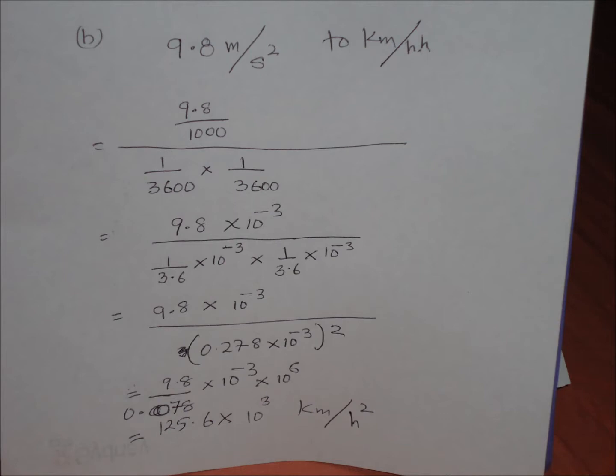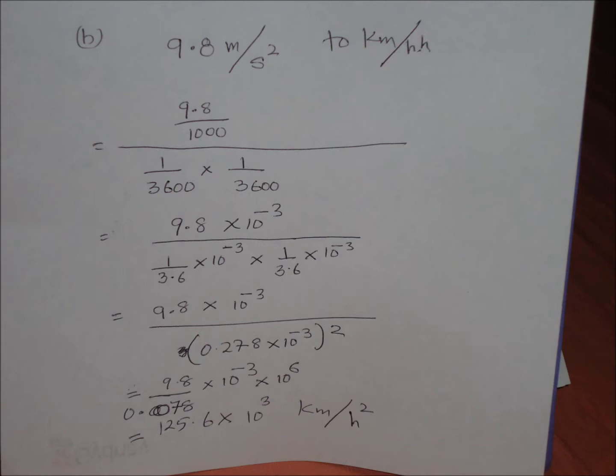Now 9.8 meters is the same thing as 9.8 divided by 1,000 to be converted to kilometers. And the second squared, or second times second, is the same thing as 1 on 3,600 for hours, and hours times hours is again 3,600.